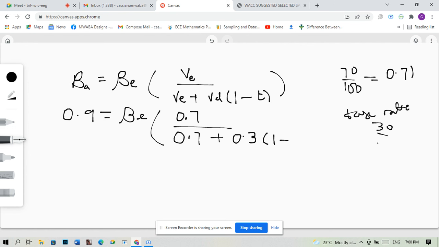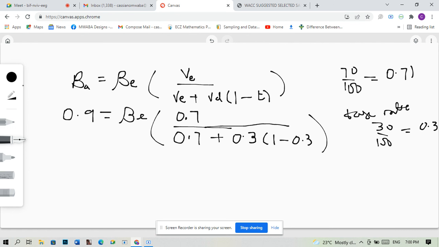So 30%, just divide that by 100, that gives us 0.3. So we're going to start our calculation like this. We're going to say 1 minus 0.3, that gives us 0.7.